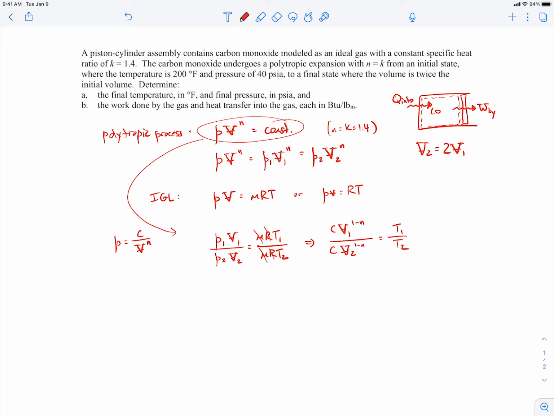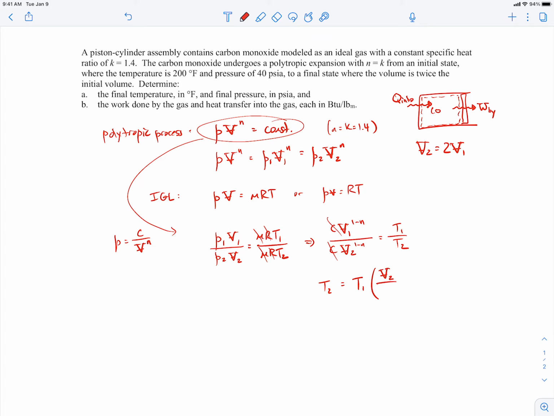You see the constants cancel out as well. And so then the final temperature, T2, would be T1 times, it'll be what, V2 over V1, all raised to the 1 minus n. Just make sure I've done my math correctly there.